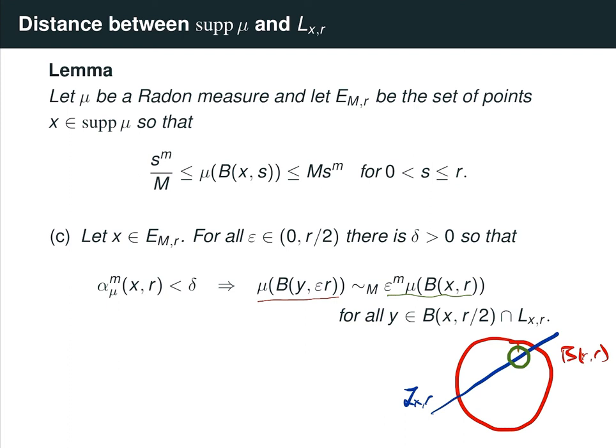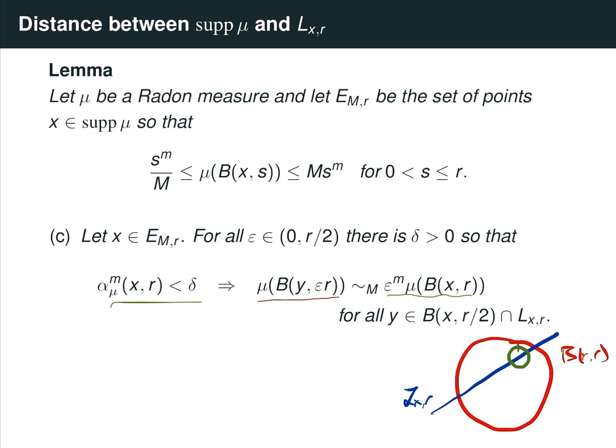Okay, so in particular, if the alpha number were equal to 0, then we would have equality here because mu would just be Hausdorff measure. But because it's not exactly equal to Hausdorff measure restricted to a plane, this still holds approximately if the alpha number is less than delta.